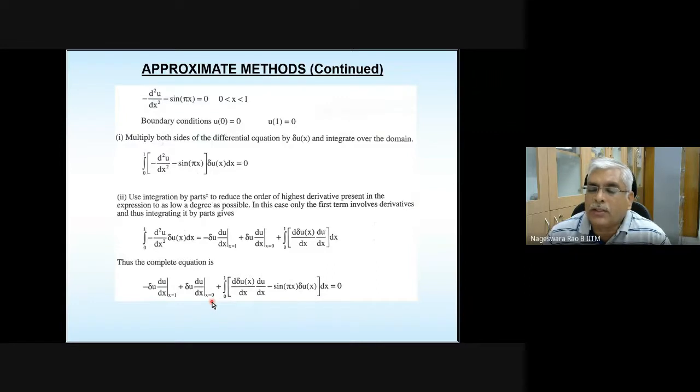What is the significance of these particular locations, x is equal to 1 and x is equal to 0? The significance is that at both these locations, essential boundary condition is specified.